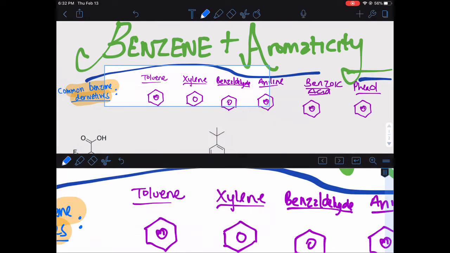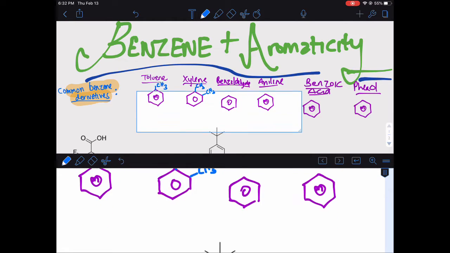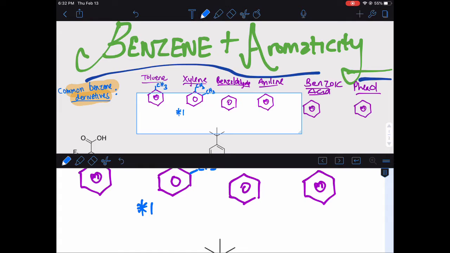We know that as that's a benzene with a substituent of methyl, one methyl. And then xylene is benzene with two substituents of methyl, but these methyl groups have to be in a 1-2 proximity to each other.